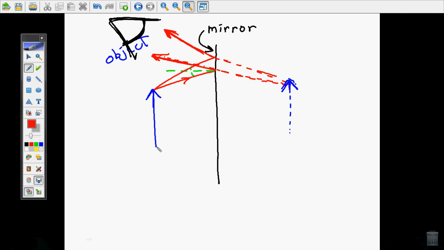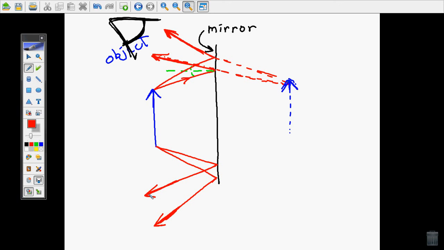And we could play the same game for the feet. We could say, hey, look, if some light left the person's feet and obeyed the law of reflection, and maybe another light ray, once again, are these rays converging, coming together, or diverging, going apart?